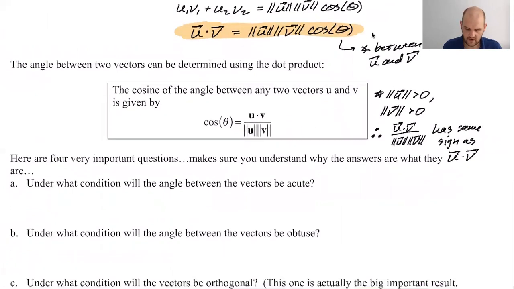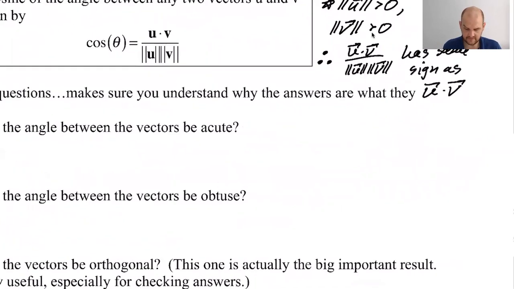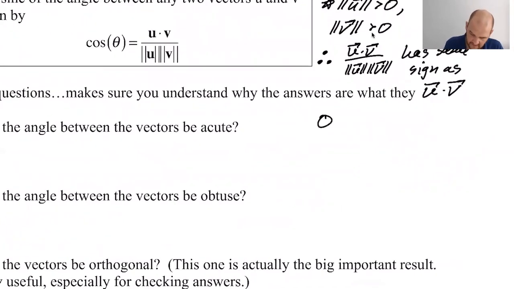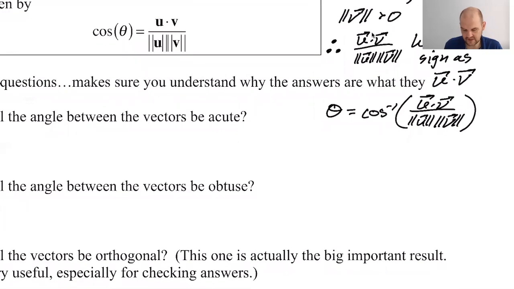Once you have that down, you end up saying that theta is the inverse cosine of u dot v over the magnitude of u, magnitude of v. So the angle between the vectors is the inverse cosine. Well, what do we know about inverse cosine?